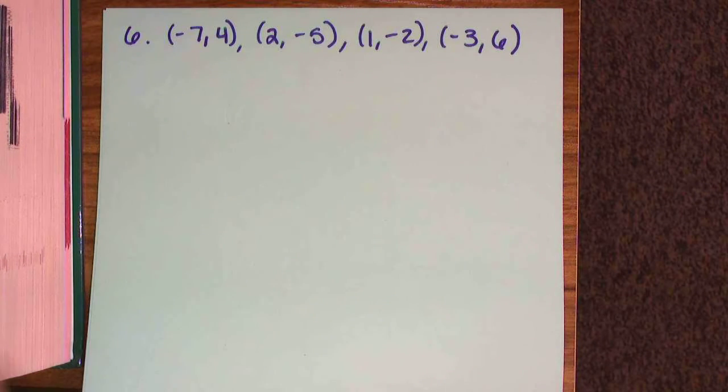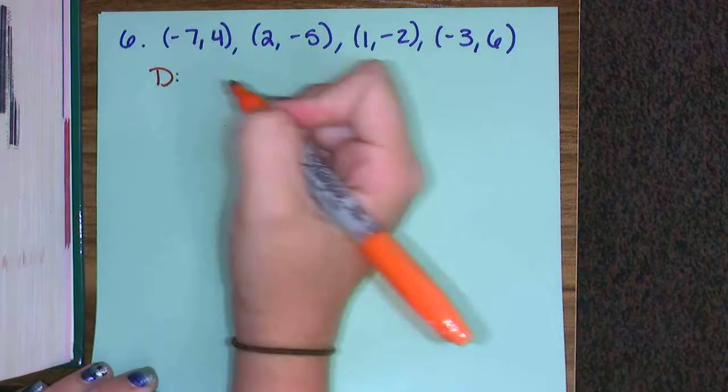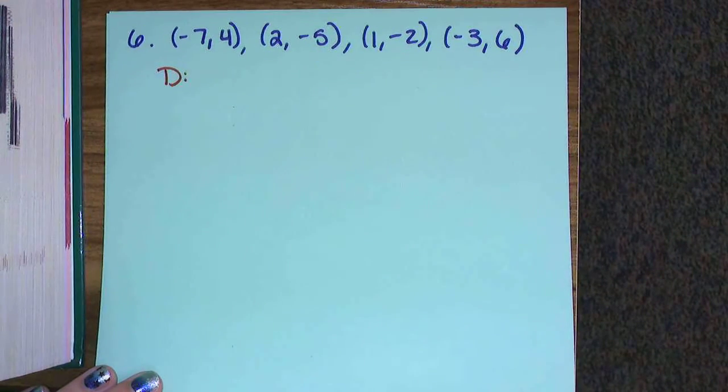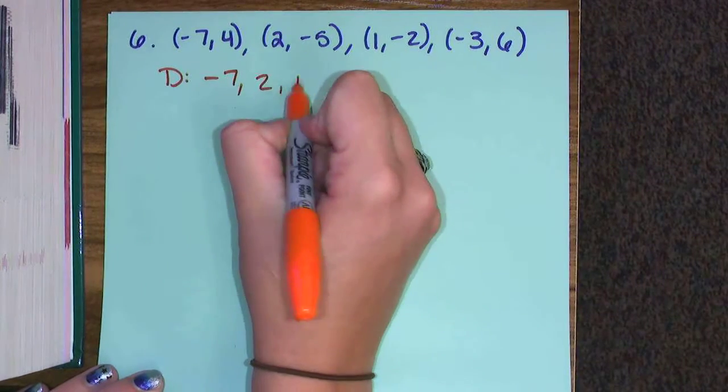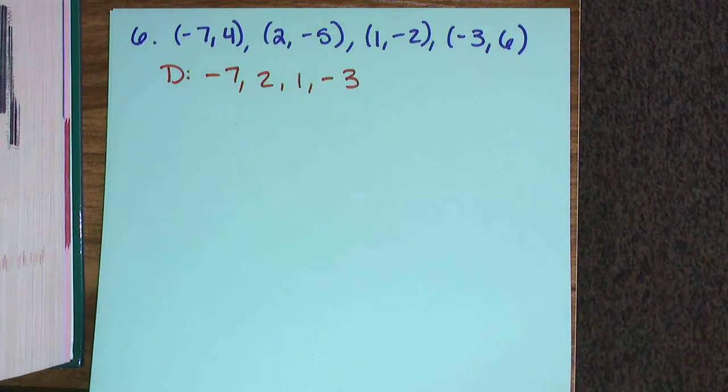So first of all, the domain. What was the domain values? X or Y? X values. So what are my X values for my domain? Yep. So that's my domain values.